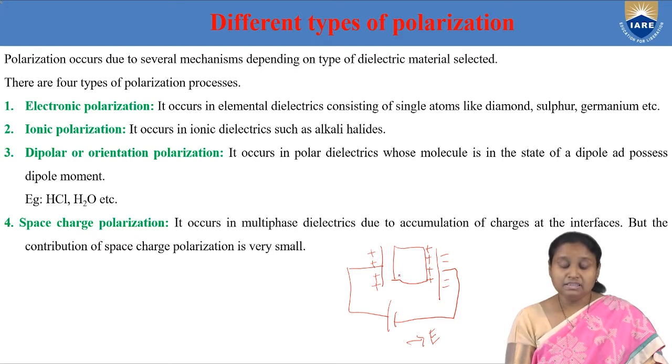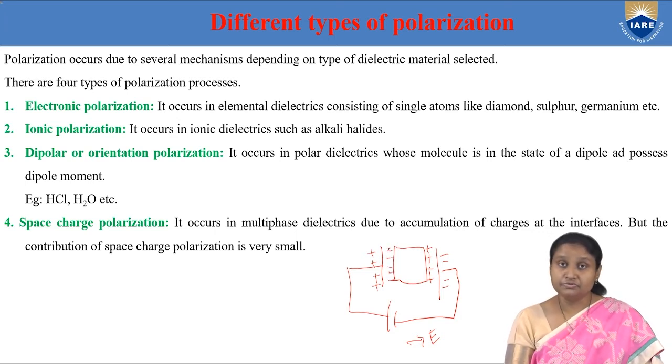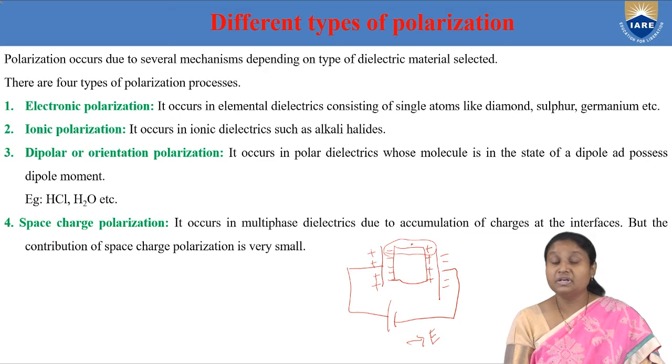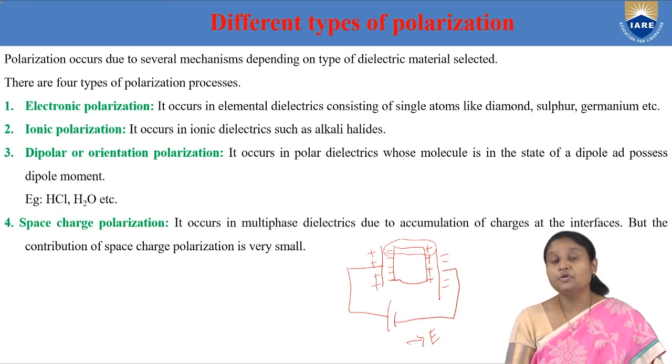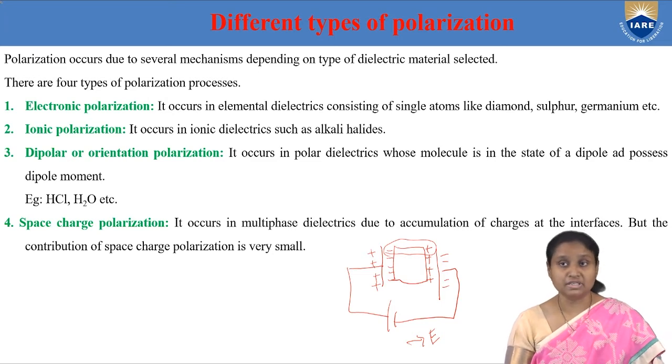Because the left side capacitor plate is positively charged, all the negative charges move in the direction opposite to the field. When we have opposite charges separated by a small distance, it is called a dipole. And when such dipoles form inside the dielectric material, this phenomenon is known as polarization.